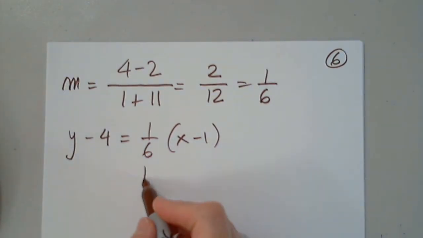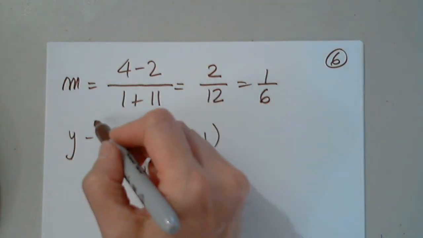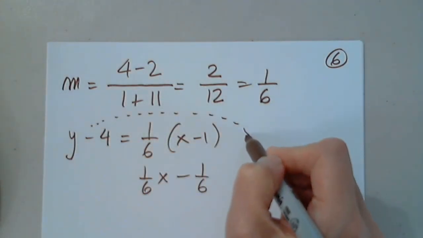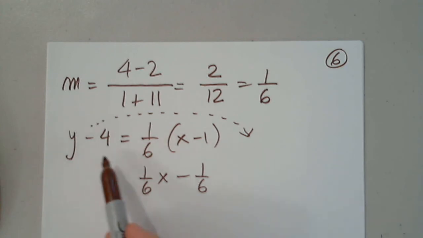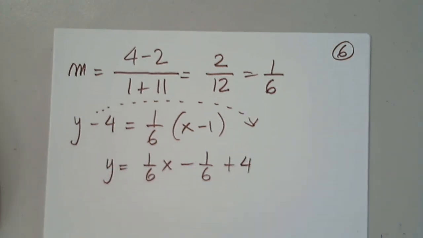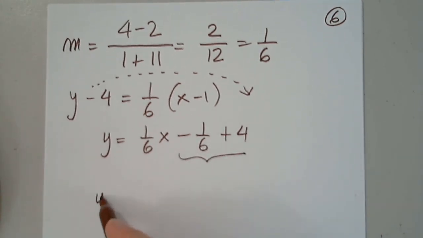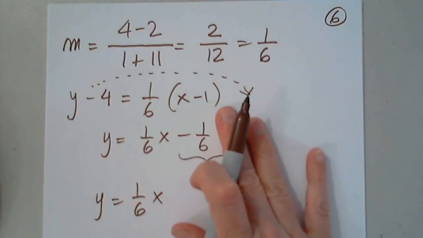So 1/6 times x, 1/6 times negative 1. And remember, when we move terms from one side to the other, we only change their sign. I need the least common denominator, as we did a few minutes ago. Don't write any symbol just yet.